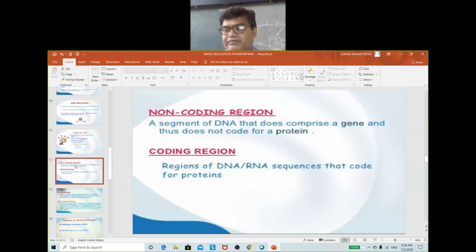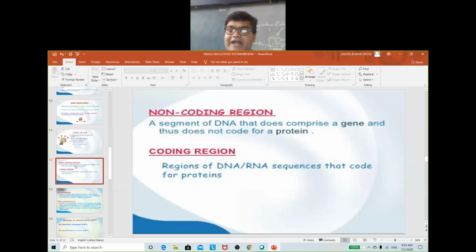The marker means address, location, landmark, with the help of which SNP difference we can locate the particular gene, the defective gene or the regulatory gene responsible for it in human beings.